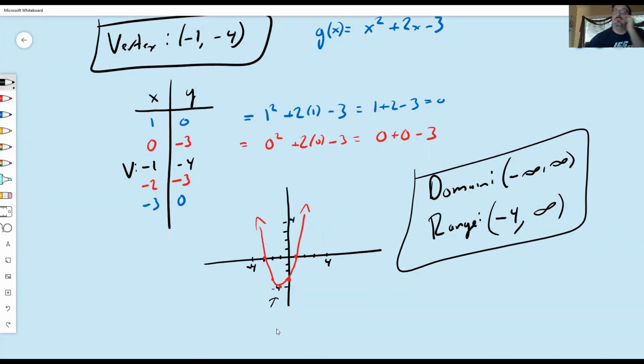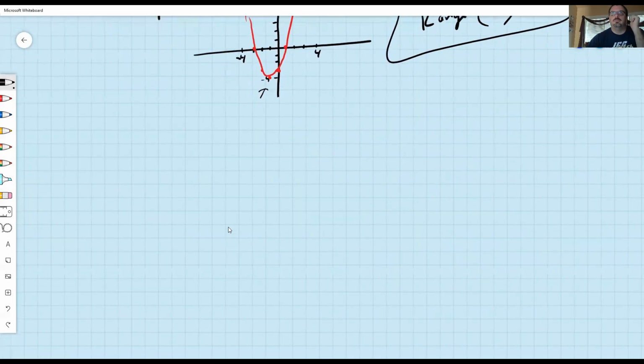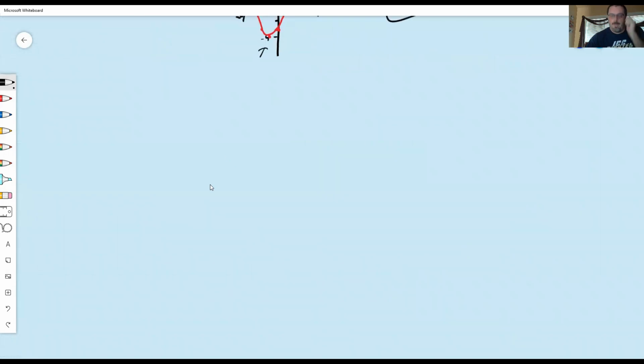Let's do another one. This graph, f of x equals -2x squared plus 8x minus 4.